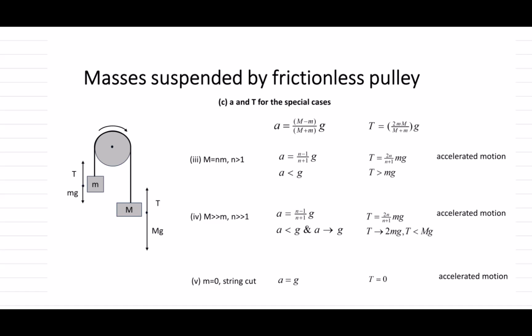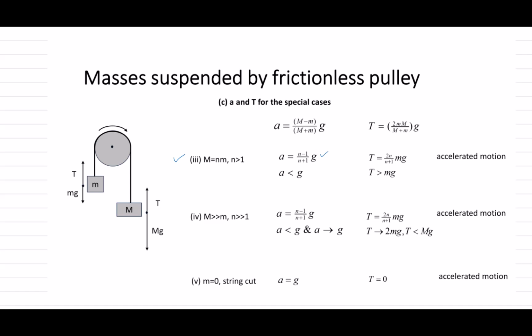Now, purely for academic interest, I calculated the values of a and T for other special cases. Let's say, for example, the bigger mass is n times the smaller mass, and definitely n is greater than 1 in that case. If we substitute the values, I'm sure you will be able to do the calculations on your own.